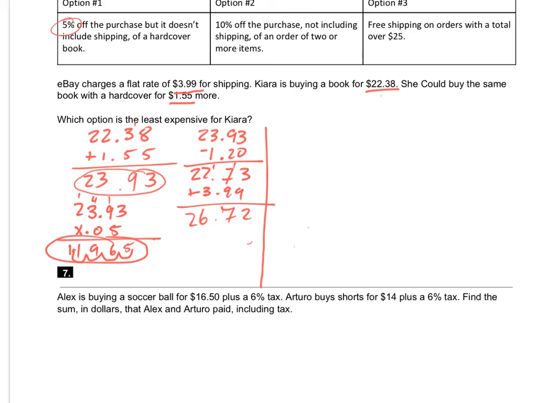Option 2, he says that when you are buying 2 or more. So the first thing you need to keep in mind is that you are buying 2 books. So 22.38 times 2, you get 44.76. What you need to do now is multiply by the 10%, which is 0.10 or 0.1, which is the same thing.